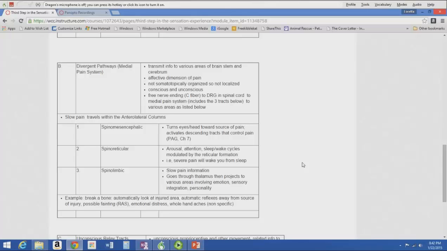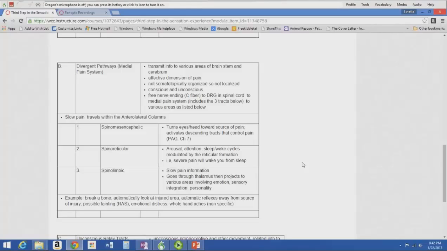So it's the free nerve endings, the C fibers, that transmit that pain signal to the dorsal root ganglion in the spinal cord. I use the abbreviation DRG because I don't want to type out dorsal root ganglion a million times. Those nerves' soma is in the DRG as well.